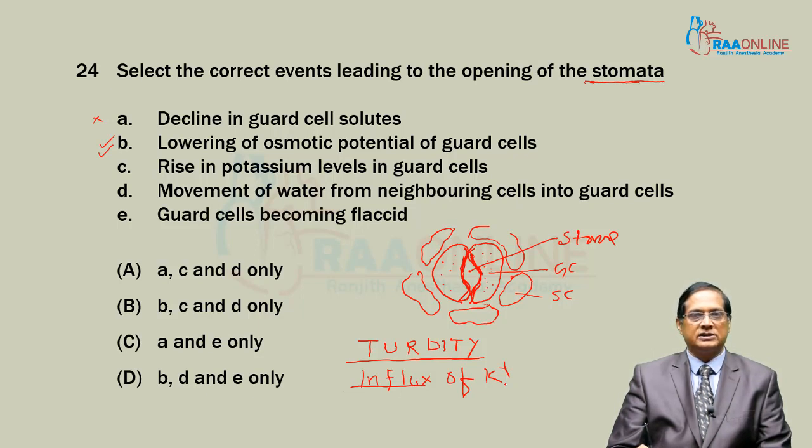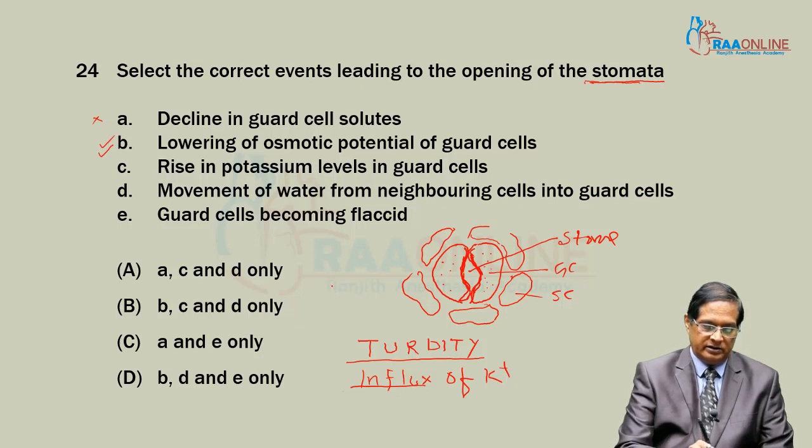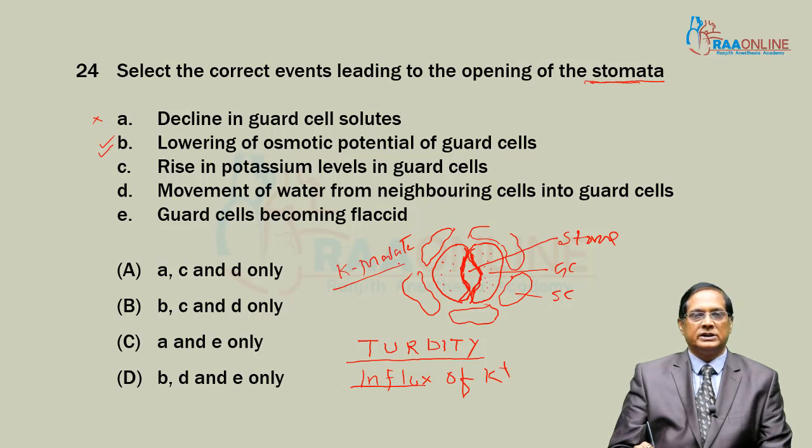That malic acid dissociates and the potassium ion combines with the malate to form potassium malate. It increases the osmotic potential of the guard cell. That's why guard cells draw water from the surrounding cells.